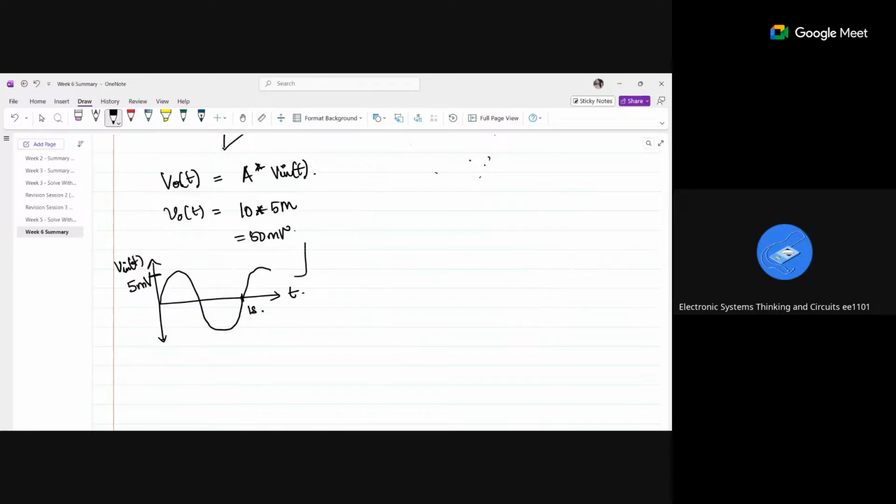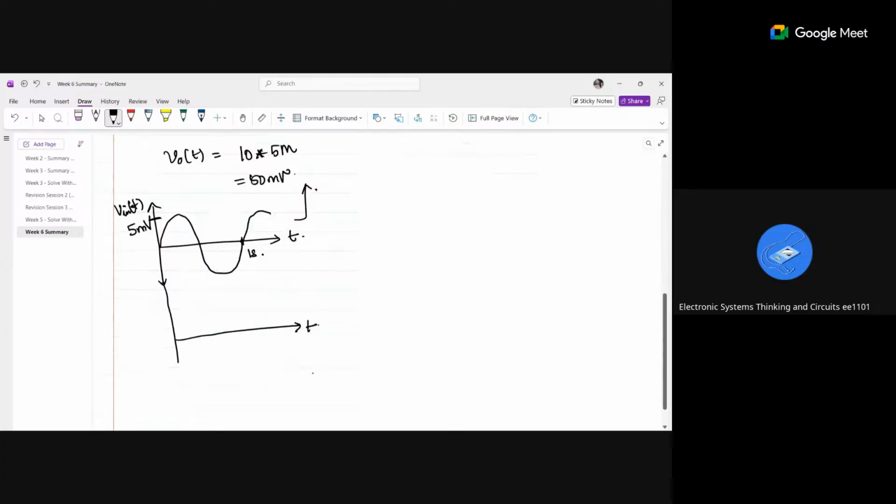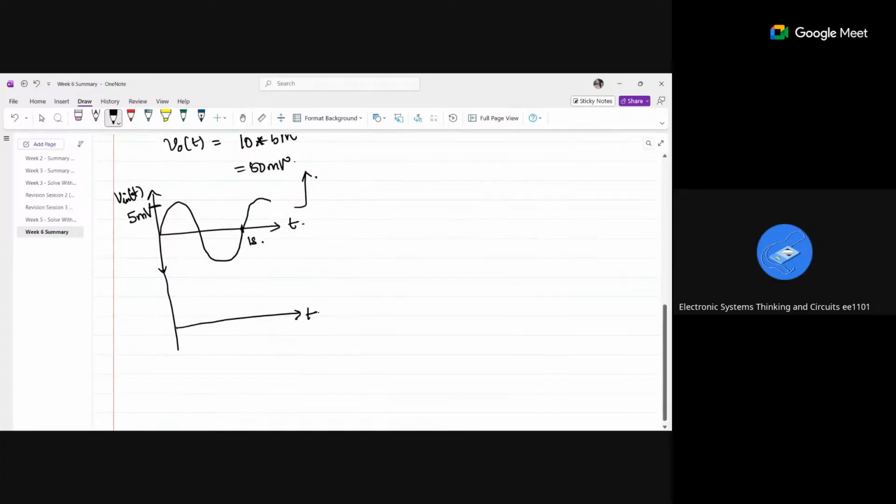If I am sending it through the same amplifier, what will my output be? The output will be the same sine wave, but its amplitude will be multiplied by 10. So my peak Vm will be equal to 50 millivolts, right? This is the function of this amplifier.